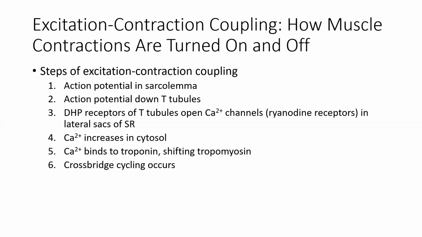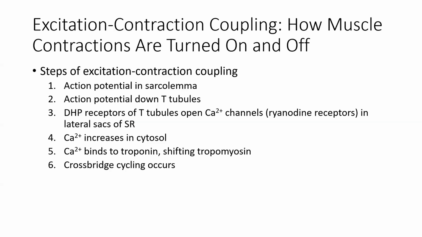And then we've got these receptors on the sarcoplasmic reticulum that can couple the binding of calcium to that end plate potential. So when we get that end plate potential running through the T-tubules, that is going to bring about the opening up of the channels on the sarcoplasmic reticulum such that calcium can flood the cytosol of the muscle fiber.